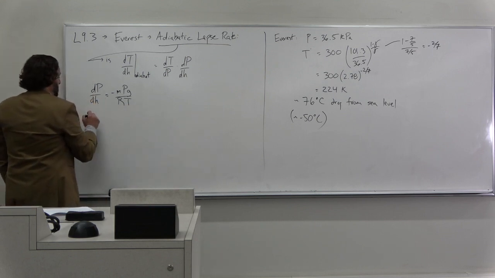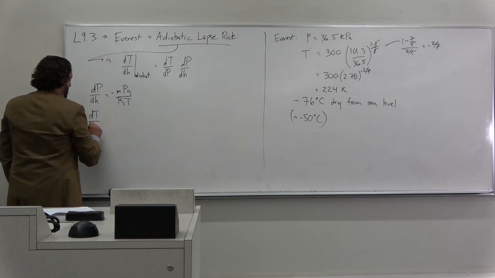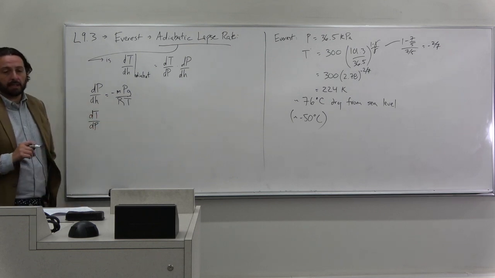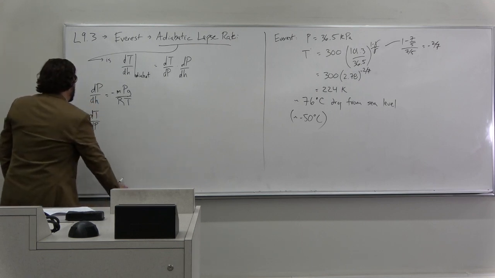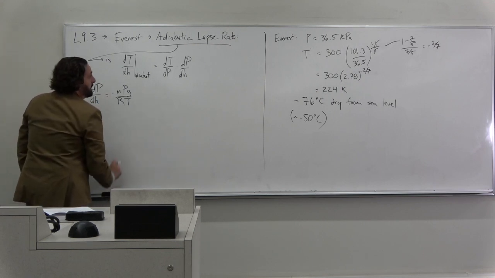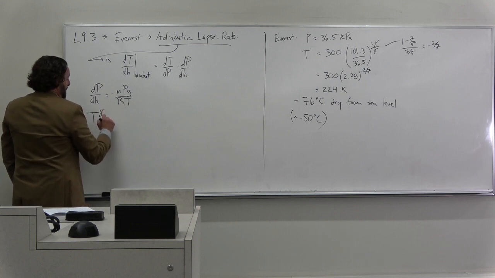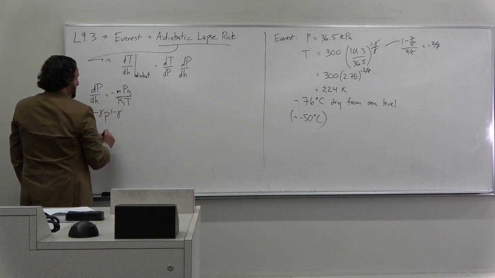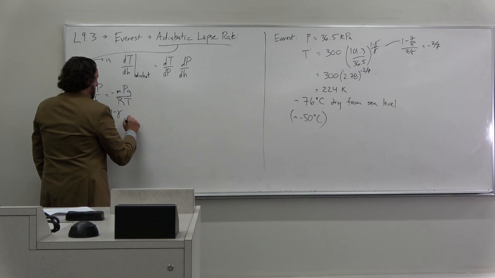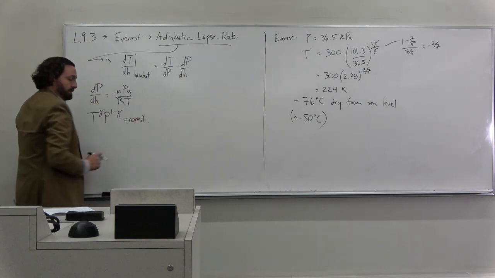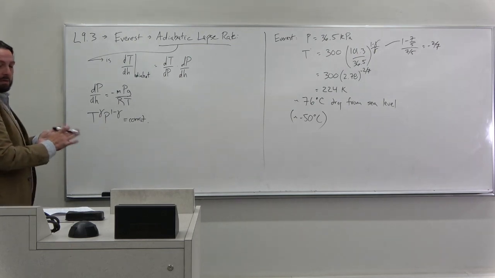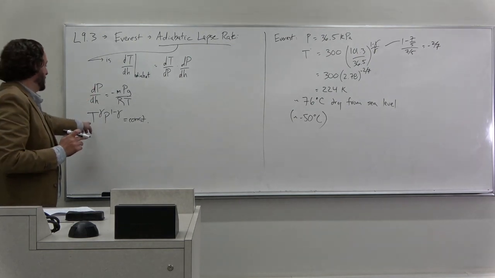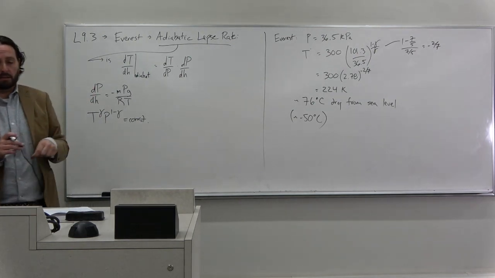Our dT/dP, we're going to be able to calculate from our adiabat, right? So let's start with T to the gamma, P to the 1 minus gamma equals a constant. I'm going to rearrange so that I have the T's on one side and the P's on another.